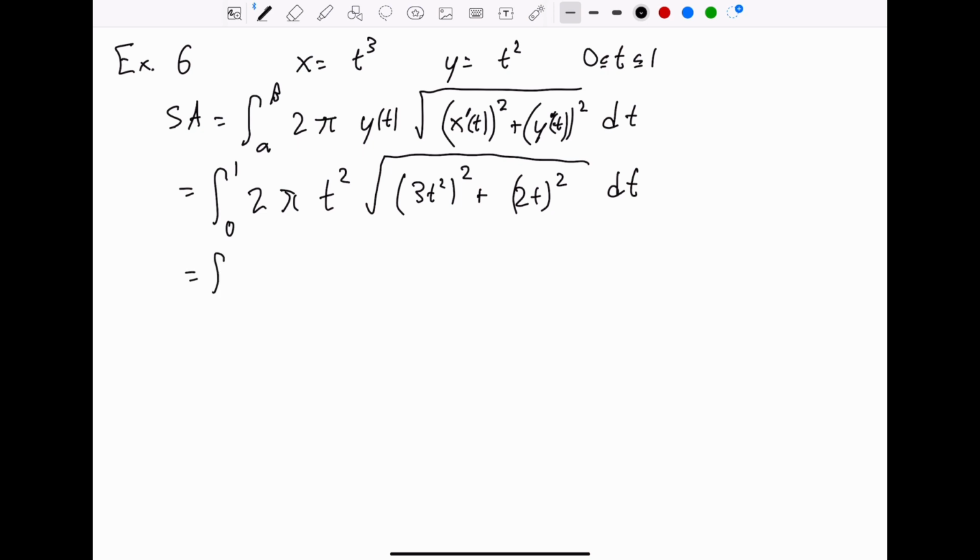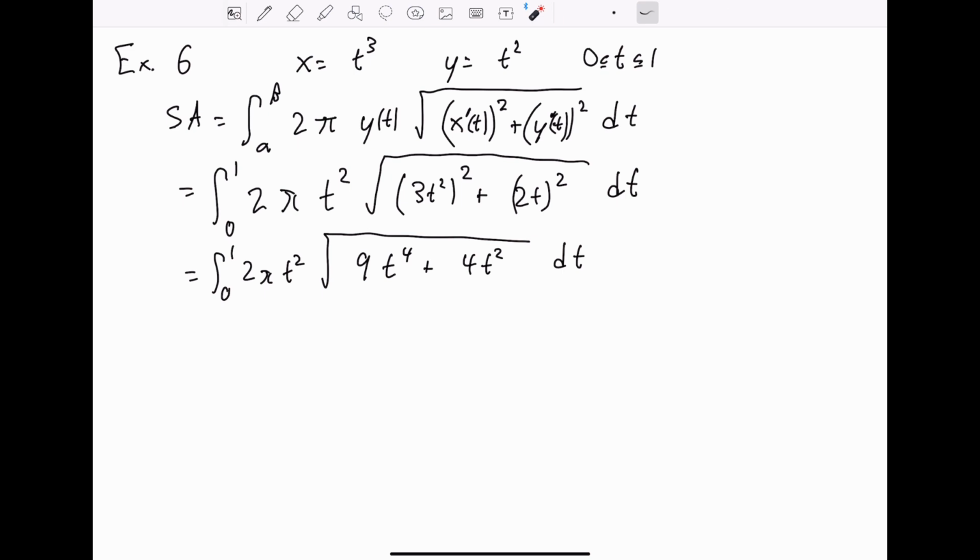So this equals the integral from 0 to 1, 2 pi t squared. And let's expand things here in the square root. We're squaring 3t squared. So 3 squared is 9, and t squared squared is t to the 4th. So we have 9t to the 4th plus squaring 2, we get 4t squared. So plus 4t squared dt.